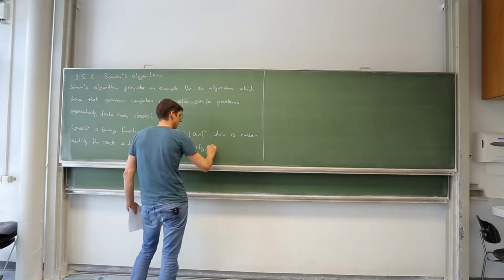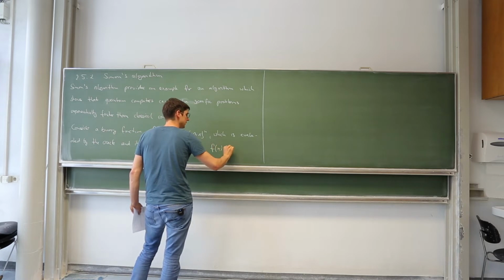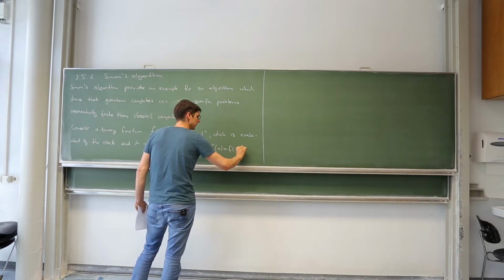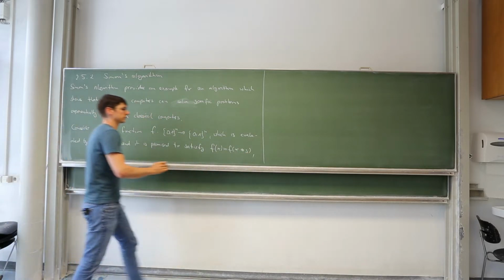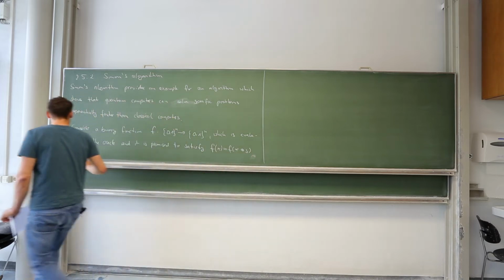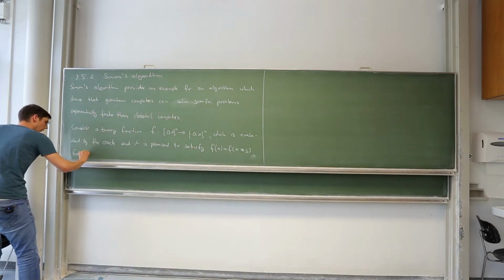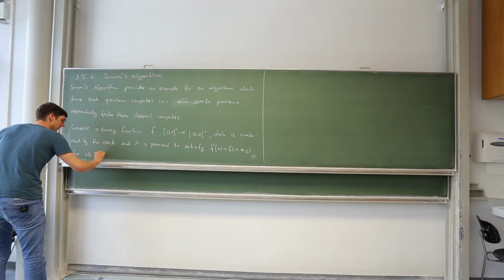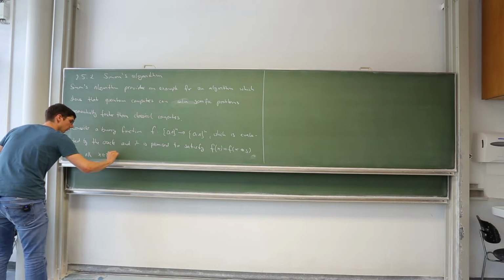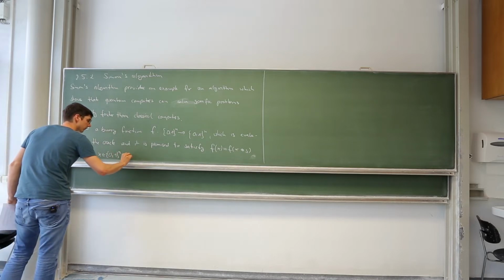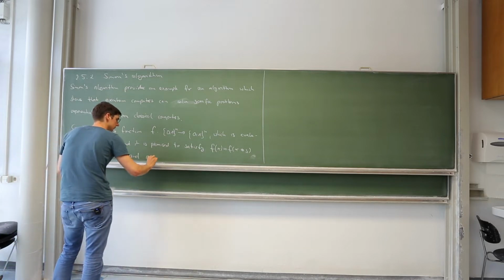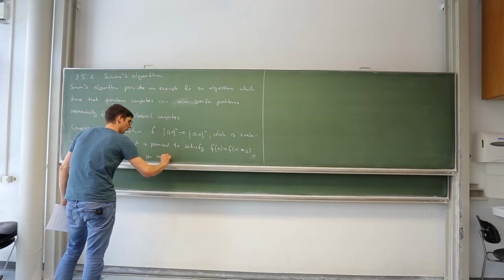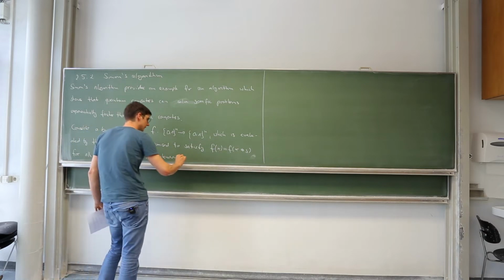Namely that f of x is equal to f of x ⊕ s, for all bit strings x and an unknown bit string s.